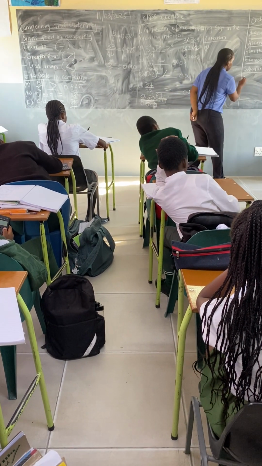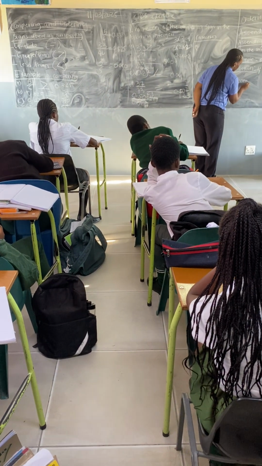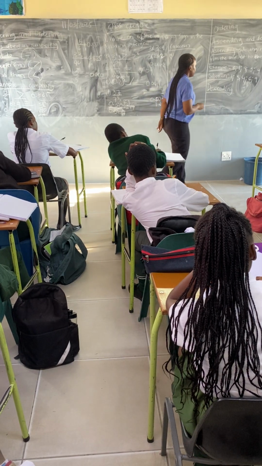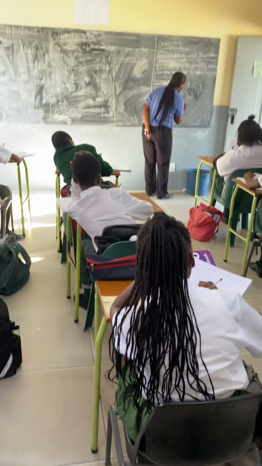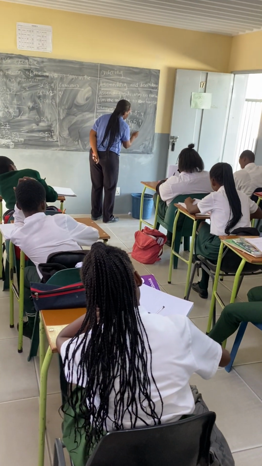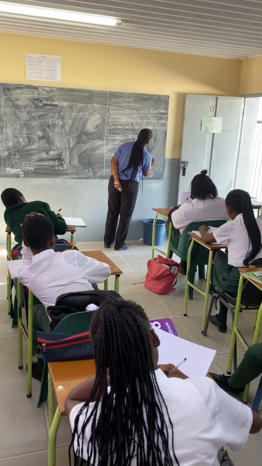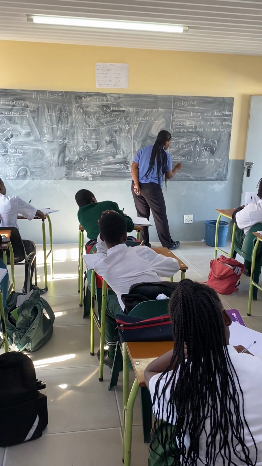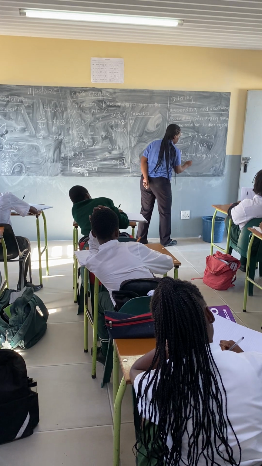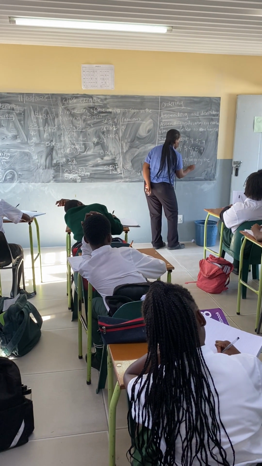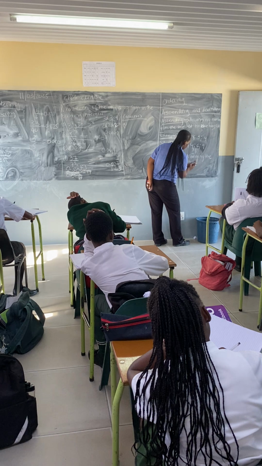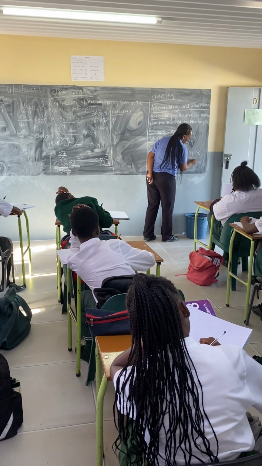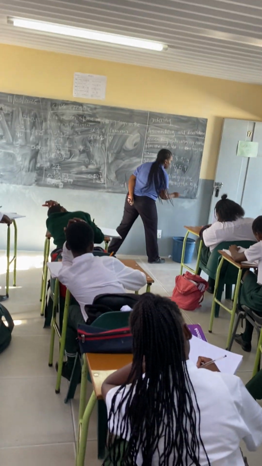Now, with descending, it's the opposite of ascending. Here you are arranging the numbers from the biggest to the smallest.